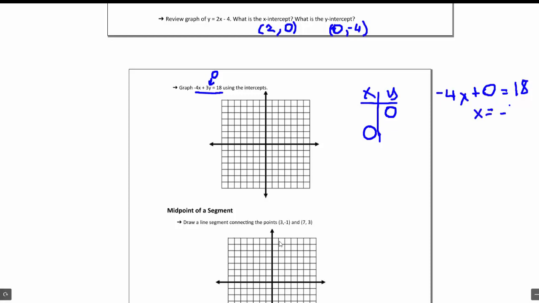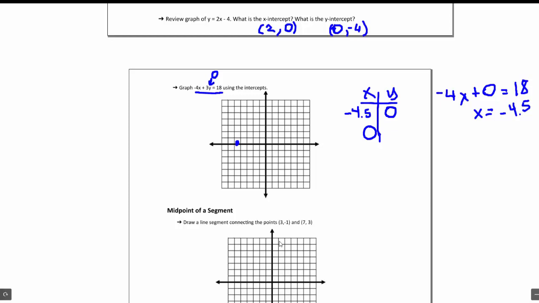And that's going to give me negative 4.5. So this point is in the x direction, negative 4.5, right out there, and it's right on the x-axis, so I don't have to go up or down. Now doing the same thing for the y-intercept, replacing the x with 0.